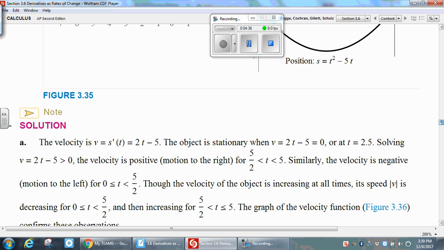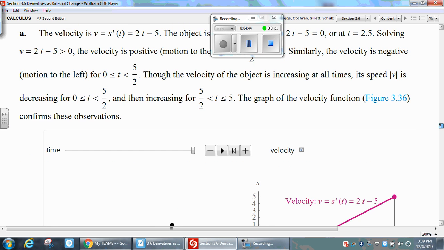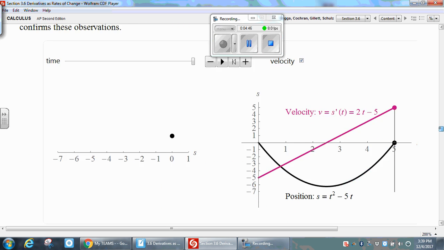Okay, so now let's see at what times it will be stationary. If we look at this graph here, I'm going to play this one. To be stationary, it is not moving, right? So if it's just there, what number will the velocity equal? 0.